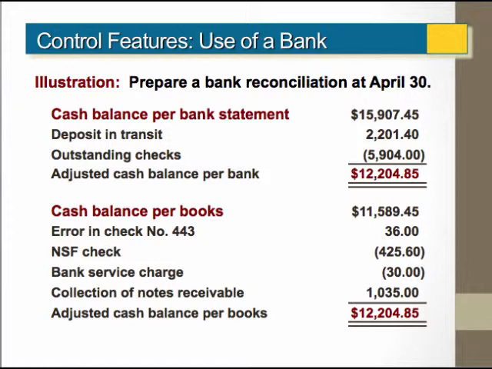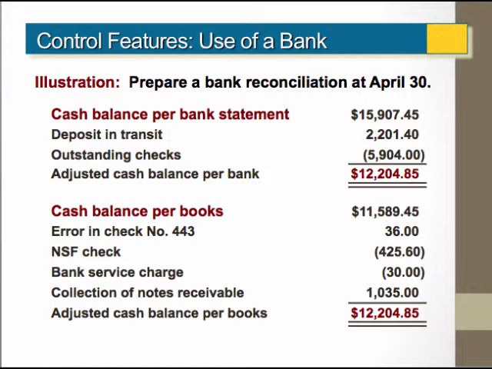The balance per bank adjusted by the increase of the deposits in transit and the decrease of the outstanding checks gives us an adjusted cash balance of $12,204.85. If we take into account the balance per books, we have the error of $36.